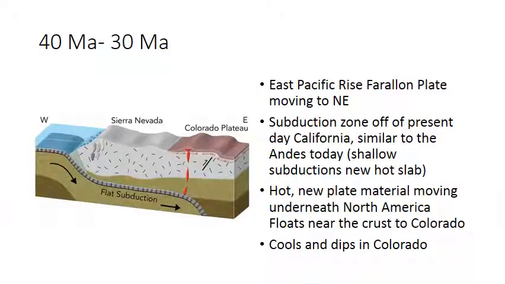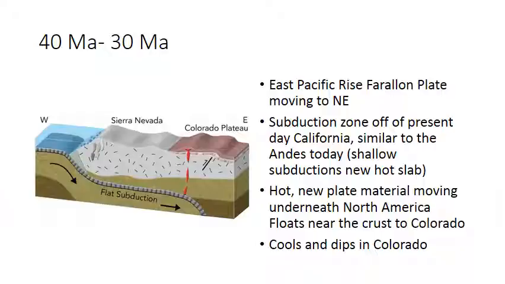From 40 to 30 million years ago, the East Pacific Rise and the Farallon plate were continuing to move to the northeast and subduct beneath the North American plate. The subduction zone of present-day California is similar to what we see in the Andes today, which is a shallow subduction of a hot new slab.